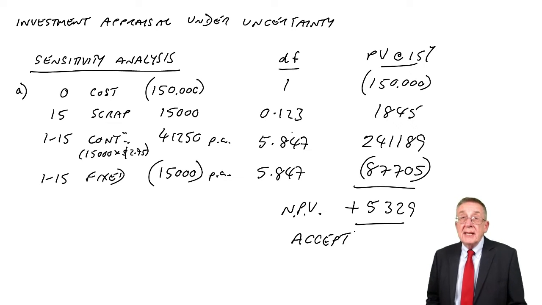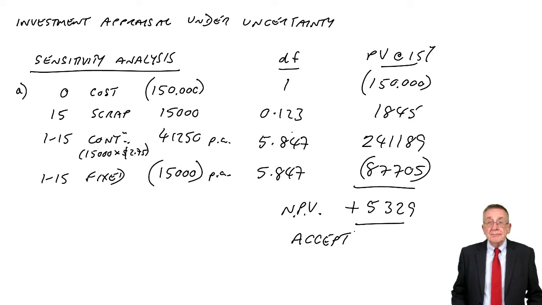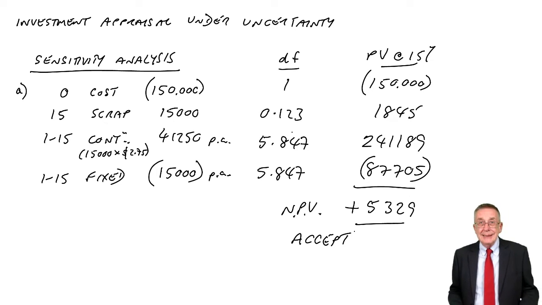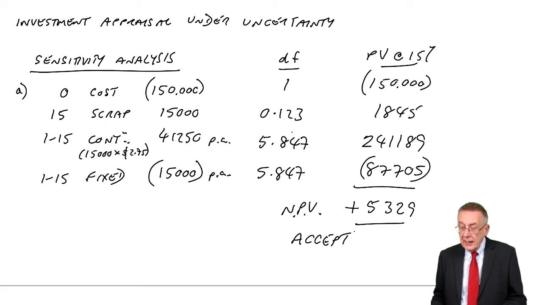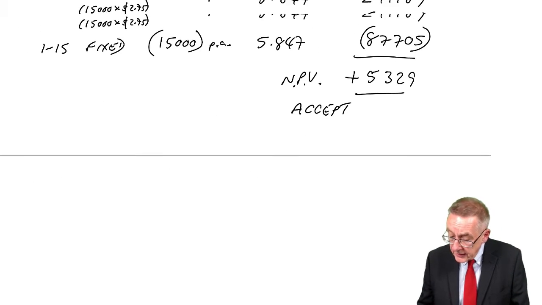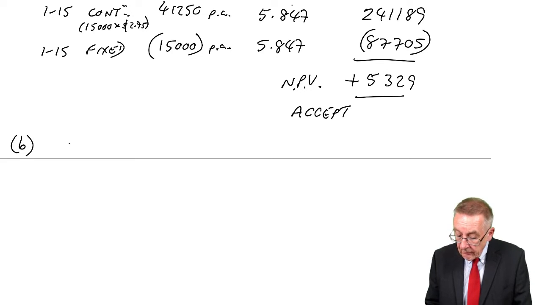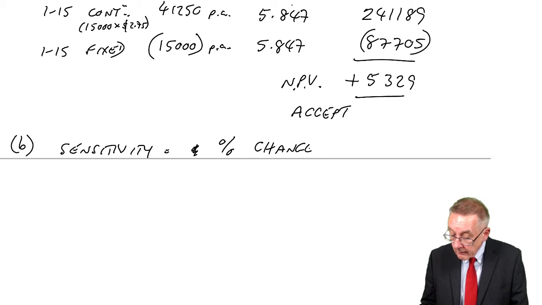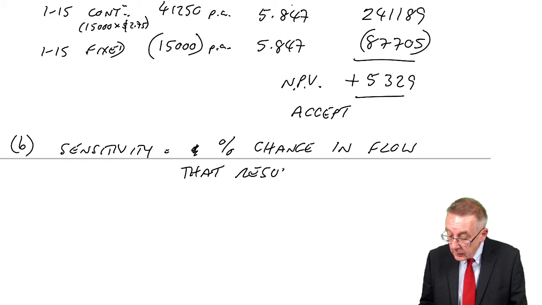Well, what sensitivity does, it doesn't solve the problem, but as you'll see, it identifies how critical the individual figures are. The sensitivity: we measure the percentage change in the flow that results in an NPV of 0.